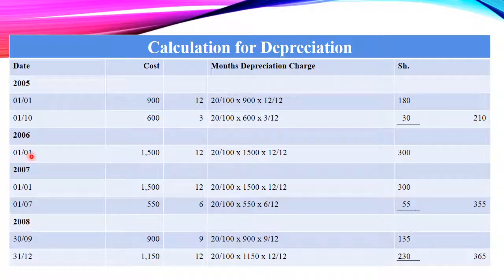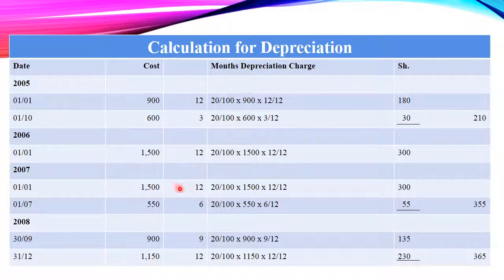In 2006, if we were to look for the depreciation of this asset only, the value is 900. We depreciate it at 20% again, we'll have 180. The same way to 2007. So the asset in the 3 years will accumulate a depreciation of 180 each year.